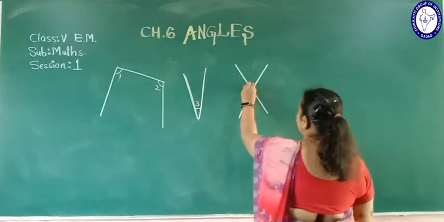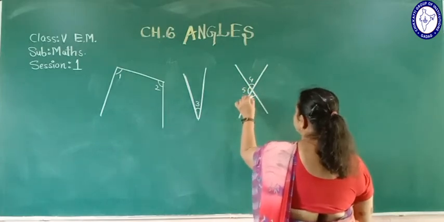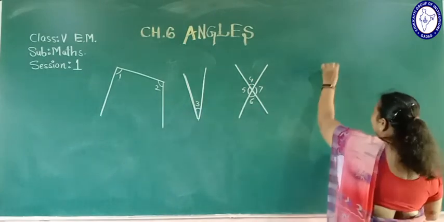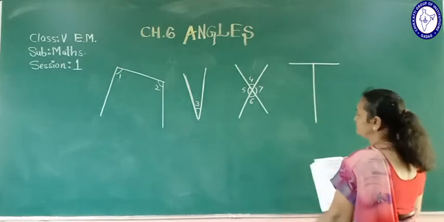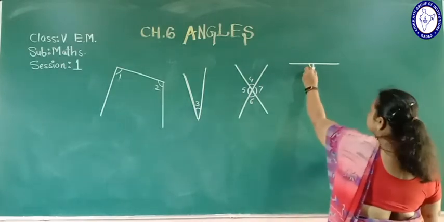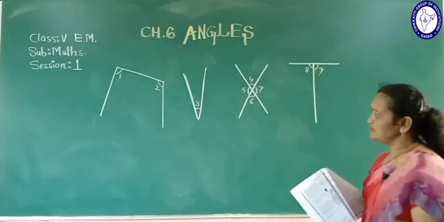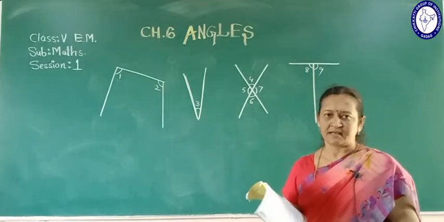So let me name it angle 4, this angle 5, this angle 6 and here 7. Then with the stick, T is marked. Now here, after 7, this is 8 and here is 9. So in these figures we are getting 9 different angles in total.